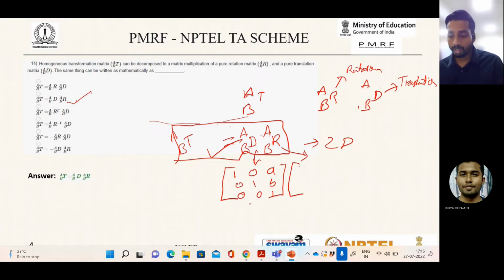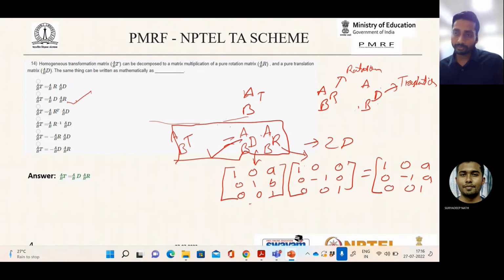If we take rotation, putting theta as 0 for example, 1 0 0 minus 1, and then this. If we multiply this, we get 1 0 A, 0 minus 1 B, 0 0 1. This is the transformation matrix we are talking about here.